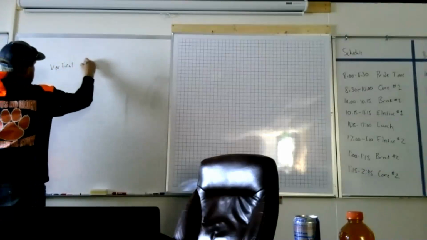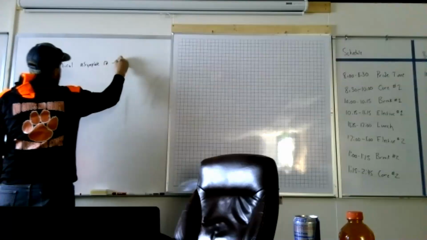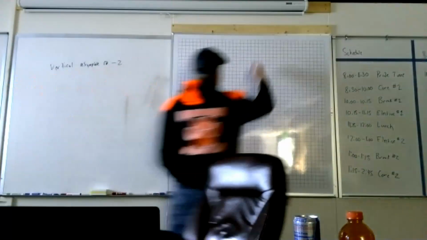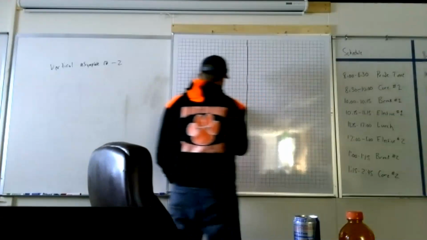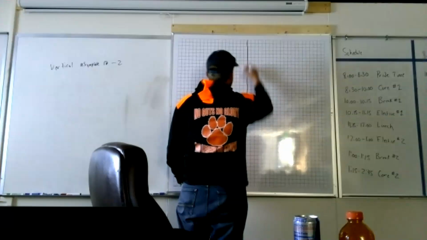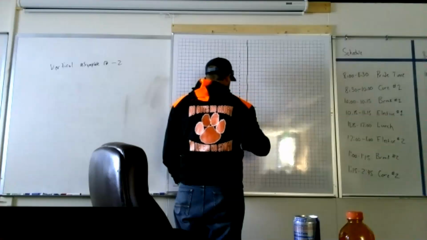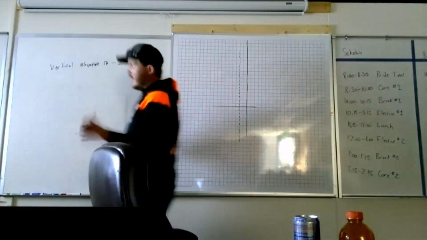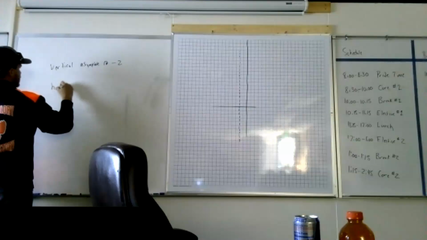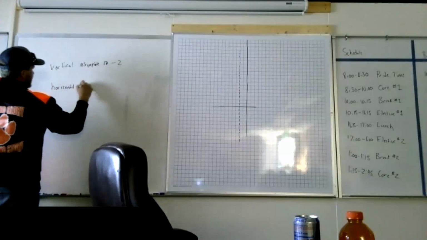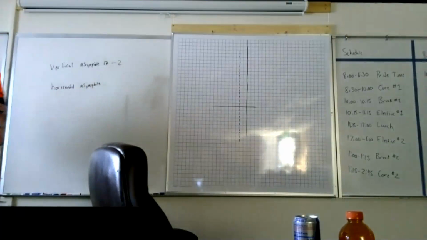So if we list out some information that we have on this graph, we have a vertical asymptote at -2. If I come over to my handy dandy board, -2, that's where my vertical asymptote occurs, and that's because -2 is the only answer that makes it undefined. My horizontal asymptote, once again, is done by comparing our degrees to each other.